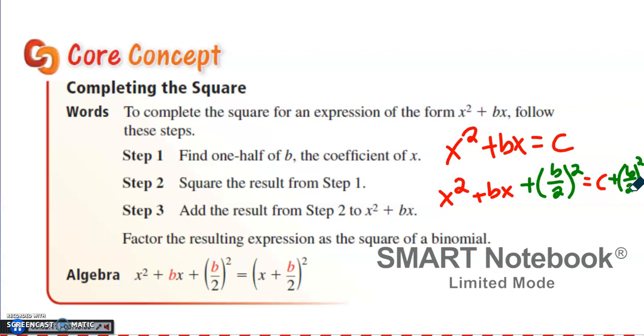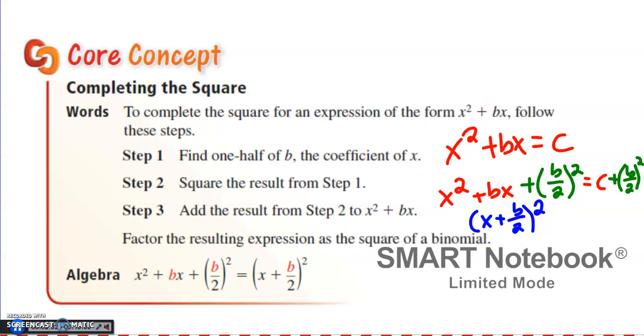So this turns out to be a perfect square trinomial, which results in x plus half of b, squared. And then it is going to be equal to the c plus half of b squared value, whatever that is. And then we solve from there, right?